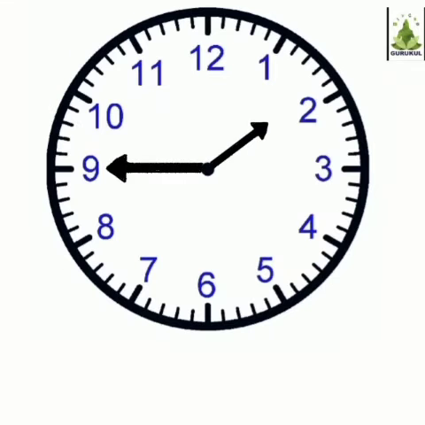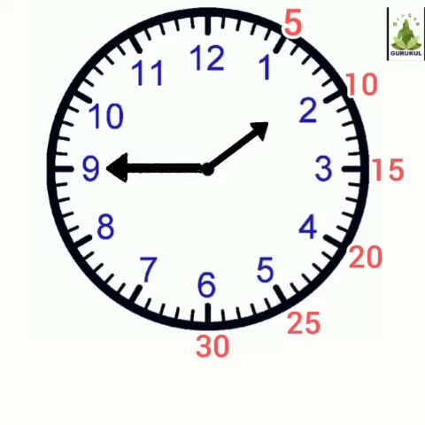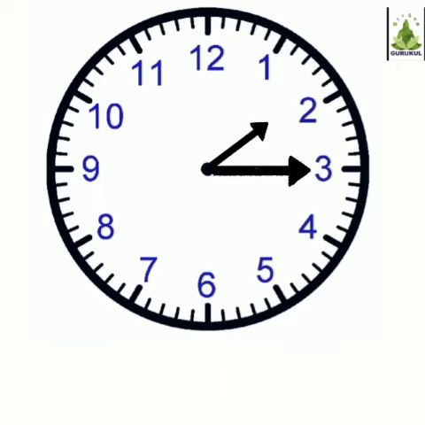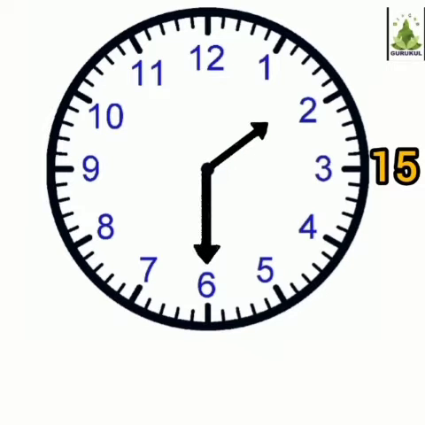Start counting from the beginning. 5, 10, 15, 20, 25, 30, 35, 40 and 45. As I explained, 60 minutes is equal to 1 hour. When the minute hand is on 3, it is 15 minutes. When it is on 6, it is 30 minutes.